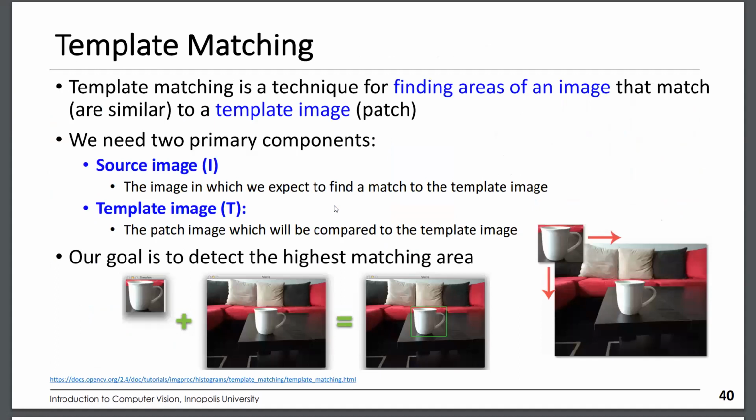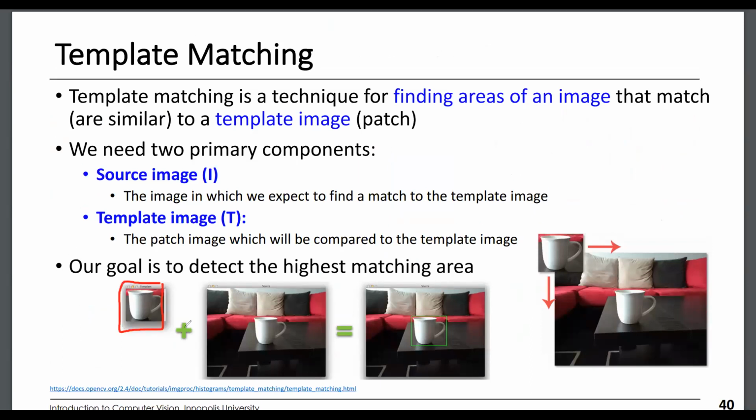Now, template matching tries to find the location where two images are similar. So we have this template image, let's say this cup, and we're trying to find the location of a cup inside our image.